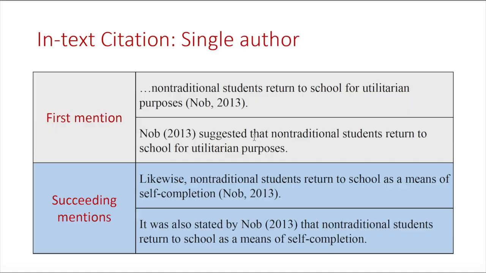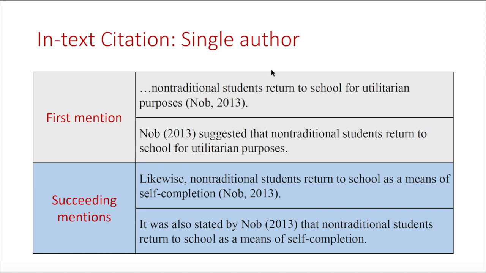Next, here are some guidelines in terms of the format for in-text citation. There are certain variations when you perform in-text citation, depending on the number of authors, and when you mention this source: are you mentioning them for the first time, or are you mentioning them for the second or third time?